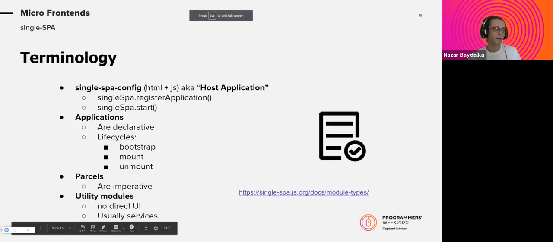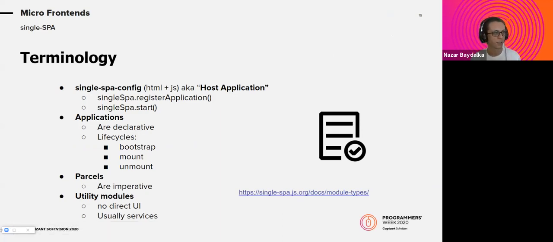All right, so you just heard about some terminology, and now we will try to dig a bit in detail into the terminology that we use in that video. First is the single-spa config. In other words, it is a host application where we register all our micro frontend applications, and it should have very minimal code and minimal functionality.